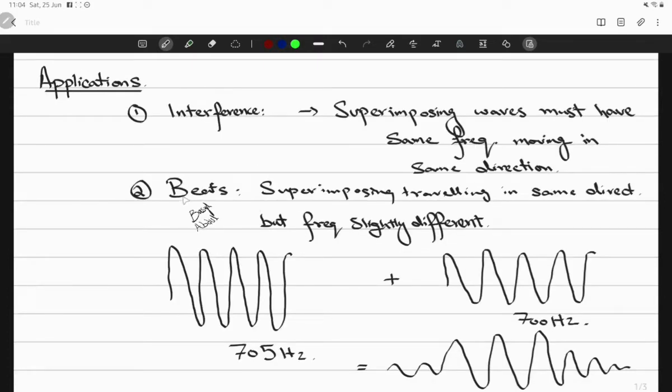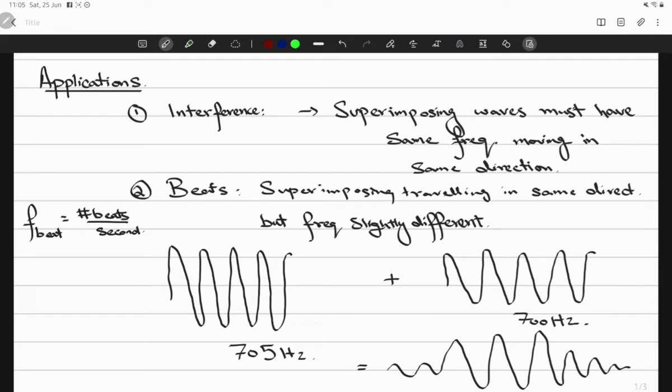So coming back to the beats case, let me just quickly write down an expression on how I can relate the frequencies of these two waves to the frequency of the beat. So we can define something called the beat frequency, and it is really just the number of beats produced per second.